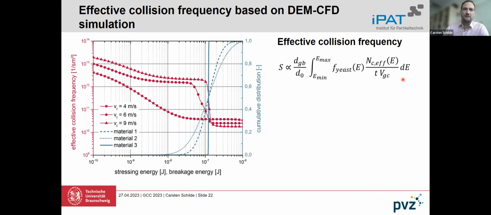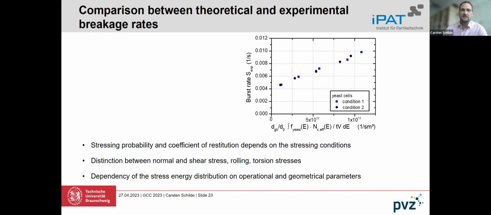This effective collision frequency we then plotted as a function of the breakage rate we obtain from experiments, given here on the x-axis, which is this complicated term of the effective stress energy distribution. On the y-axis, we have the burst rate of our yeast cells, which works well, since yeast cells just have this on-off behavior: they are either intact or burst, and they have low stress energies.